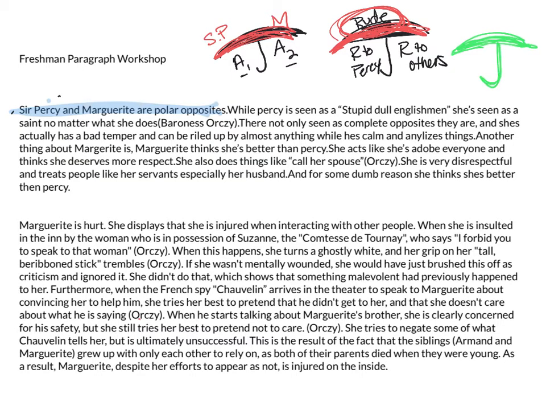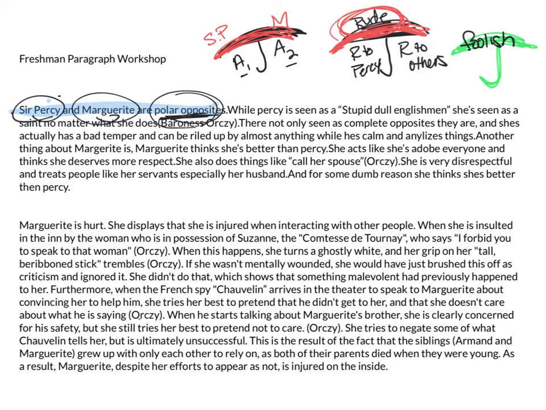And that one clear umbrella was that Marguerite was foolish. But here, I've got Sir Percy, I've got Marguerite, and when you say polar opposites, I don't actually know what you're going to be trying to prove. Who's the good guy? Who's the bad guy? So instead of having one clear idea, I already am feeling like I'm getting pulled in umpteen different directions.